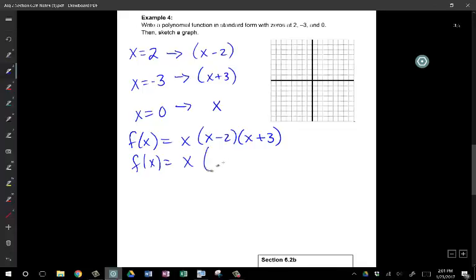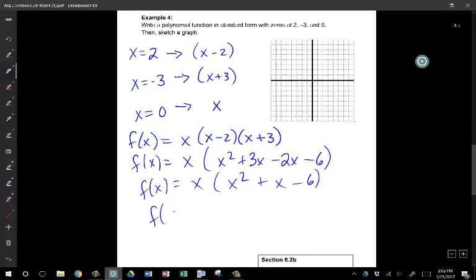Bring down the x, and I'm going to multiply the other ones. X squared plus 3x minus 2x minus 6. So that's x squared plus x minus 6. So it looks like my function is x cubed plus x squared minus 6x.